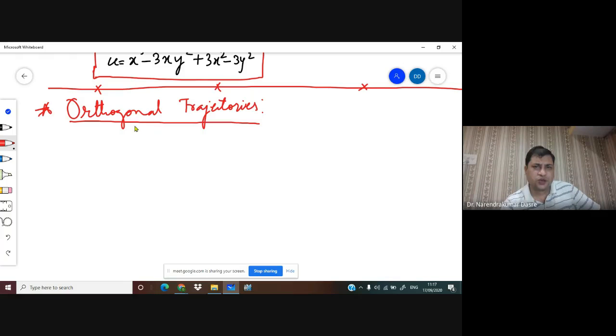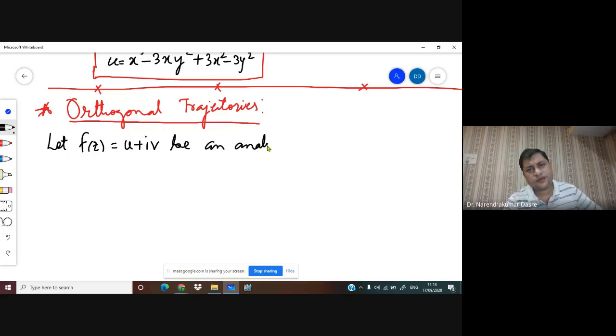Okay, so what we can say is here we have f of z is equal to u plus iv be an analytic function. Okay, so these concepts are all related to the analytic function, and hence we need to understand this.